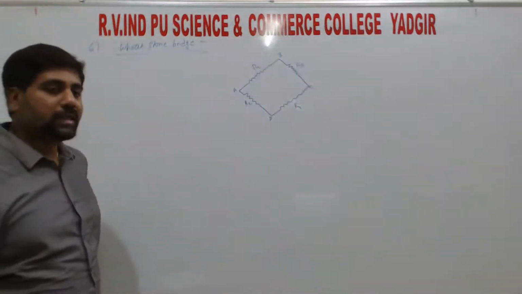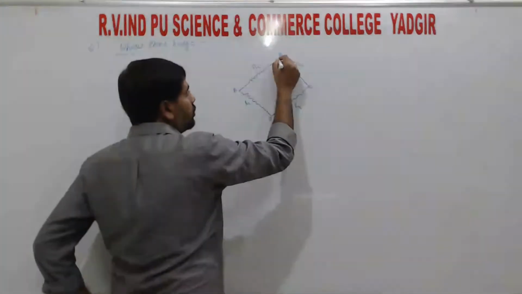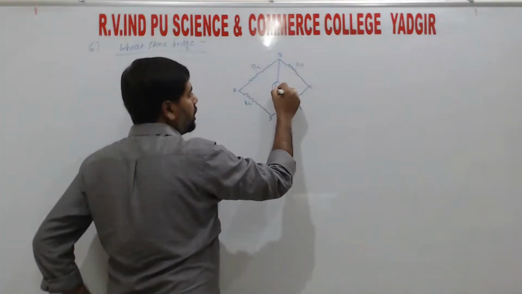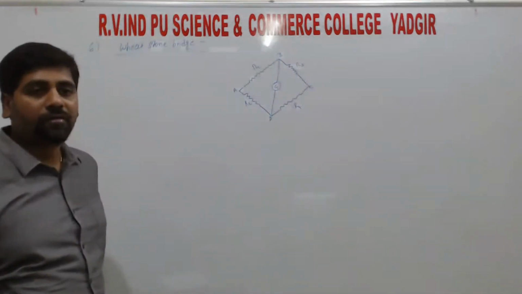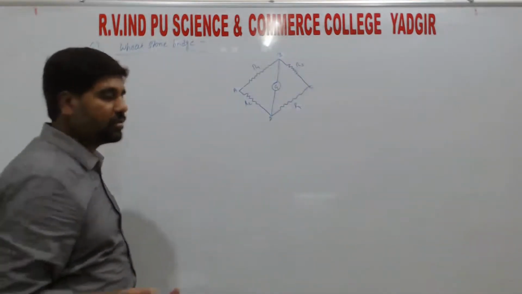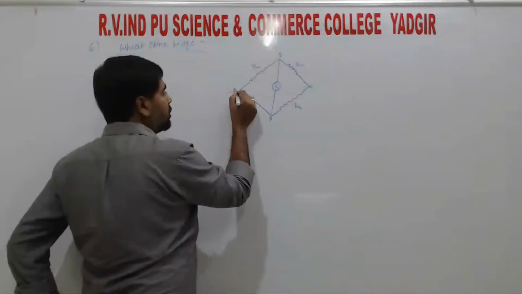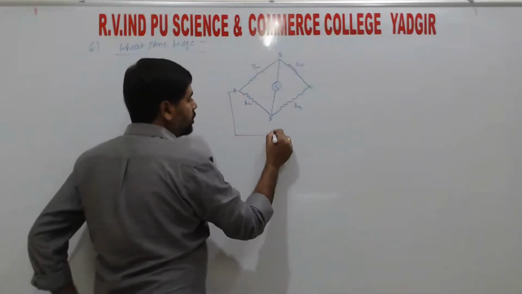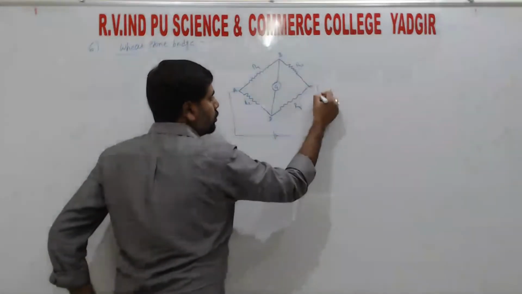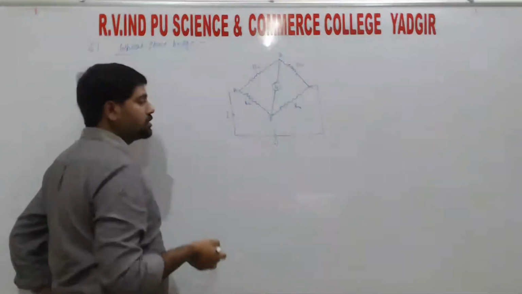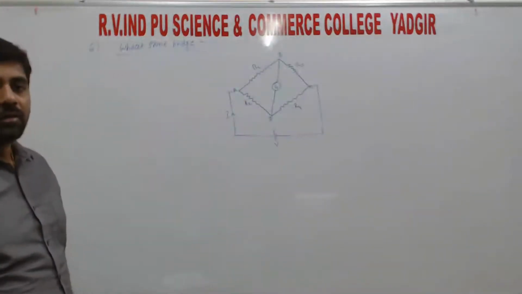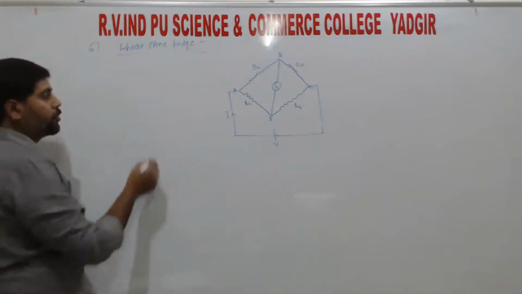So the opposite diagonal side connects one galvanometer, which has the resistance G, or we consider that one as RG, right? And the other opposite diagonals are connected to the external source, that is potential. So I is the current which is flowing in the circuit, right?